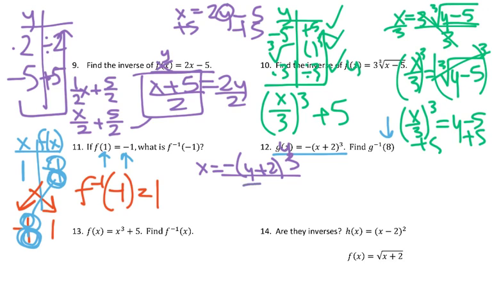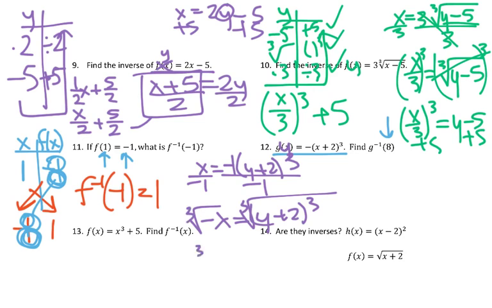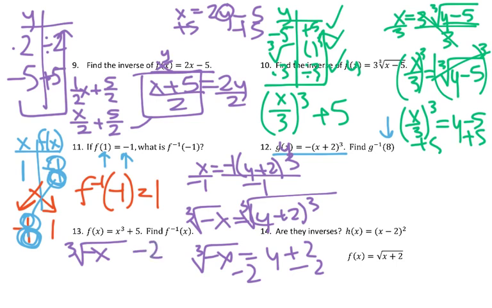and then solve. First we divide by negative 1. So basically negative x equals y plus 2 cubed. Take the cube root. Cube root of negative x equals y plus 2. Then subtract 2, and you end up with the cube root of negative x, then minus 2 outside of that.